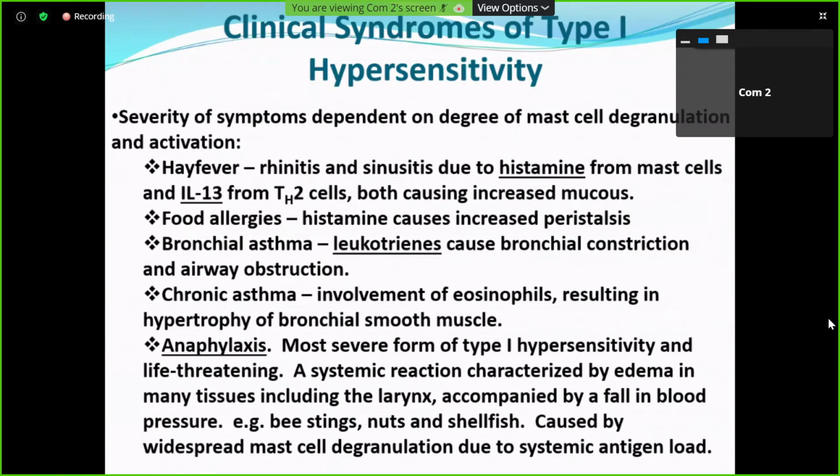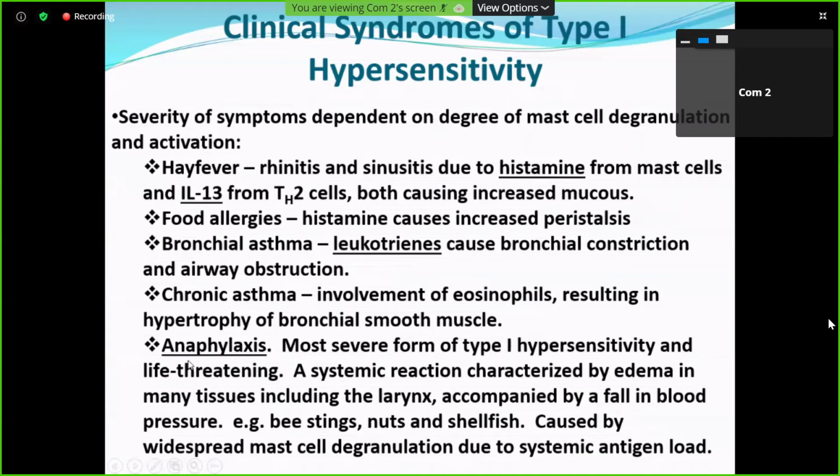Now, the pathology of type 1 hypersensitivity is a spectrum depending on the nature of the allergen, and it can vary from the mild hay fever allergic type reaction of runny nose, itchy eyes, and so on, to a severe life-threatening situation, as in the case of people who have peanut allergies, or this particular most severe form, anaphylaxis.